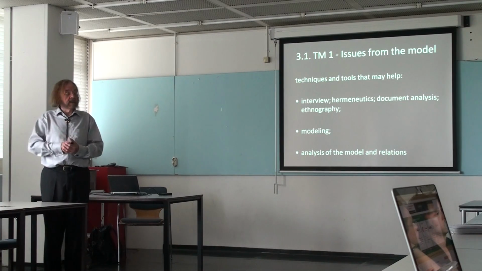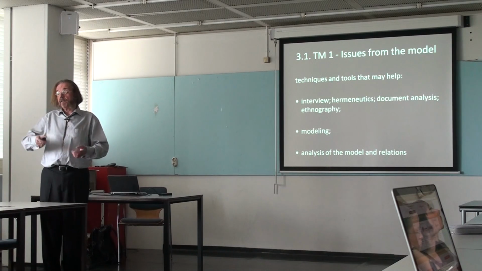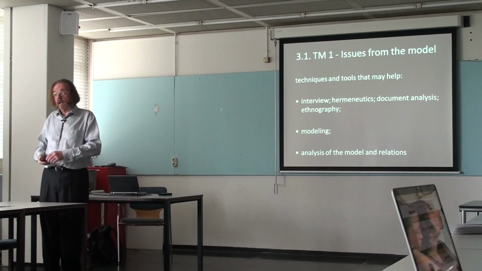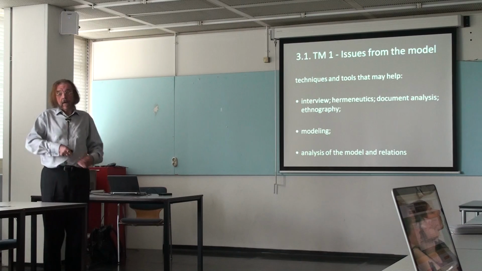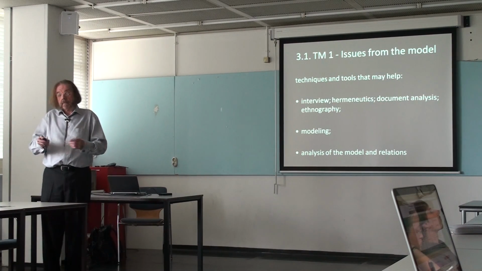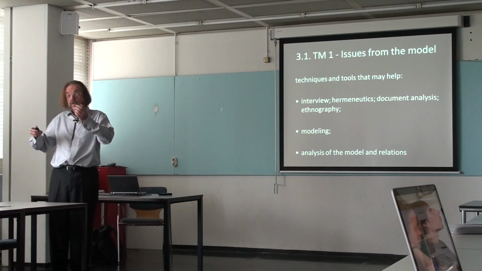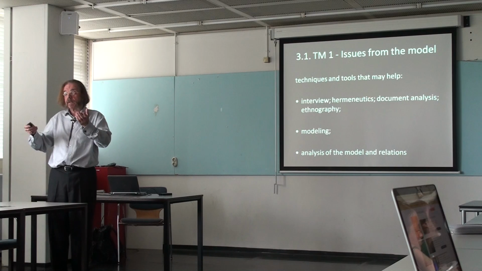Modeling, this is the thing I really want you to do now, so try to find out what are the different activities and tasks, what are the actors, what are the roles, what are the relevant objects that change hands, like information on the website, or records of medical treatment, which apparently at the moment are not available in the case of the Twente location, or whatever it is.